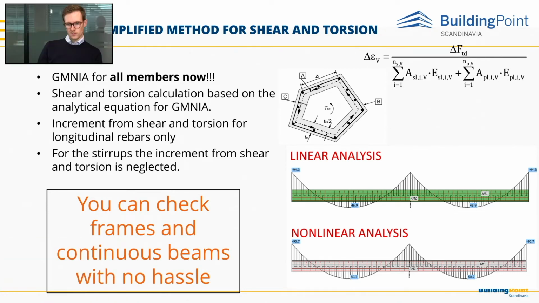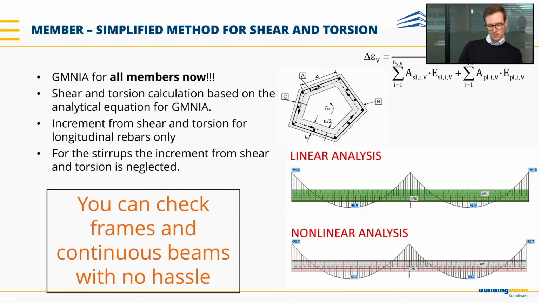Yeah, there's also a simplified method for shear and torsion. So with the new solution, there's no more estimation and code equation for redistribution of the internal forces and reduction of the stiffness. You can now design and code check these beams and frames using geometric and material nonlinear analysis and get proper redistribution.